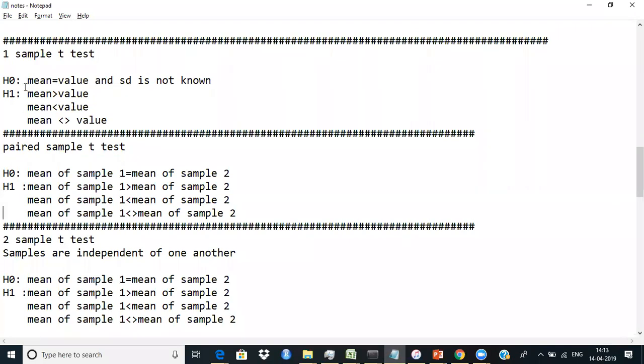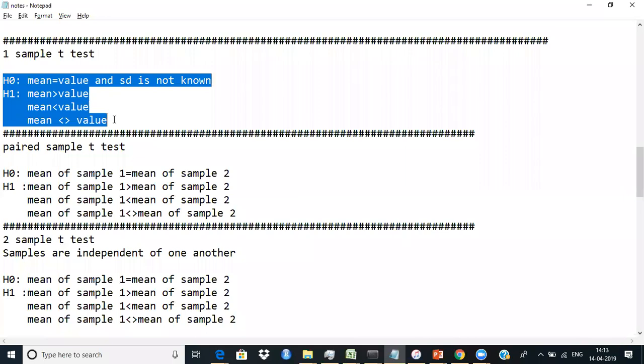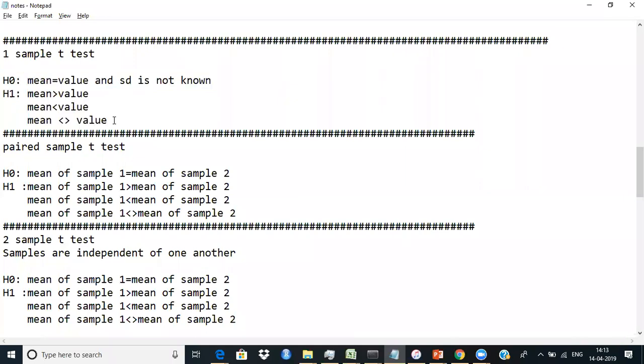So if you have a format which fits this, it means you are testing whether the mean is equal to a particular value for a single population, right? If you're only testing whether the mean is equal to a particular value for a single population, or is it greater than, less than, or not equal to that value, then it is a one sample t-test because you have one population or one sample to go with.